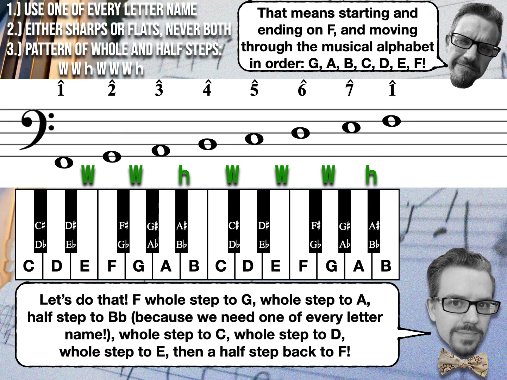Let's do that. F whole step to G. Whole step to A. Half step to B flat because we need 1 of every letter name. Whole step to C. Whole step to D. Whole step to E. Then a half step back to F.